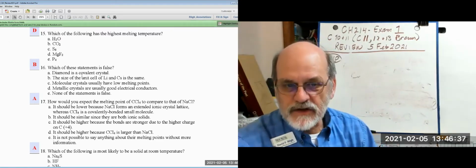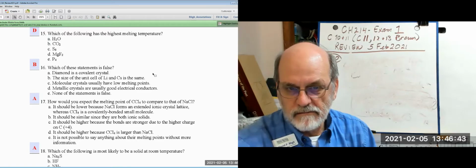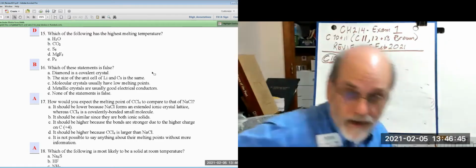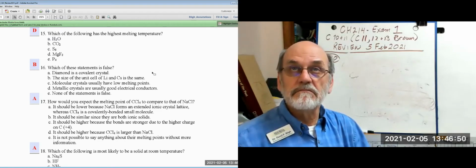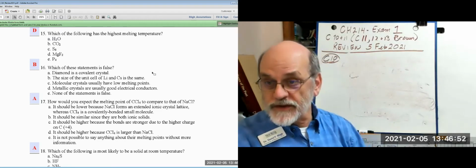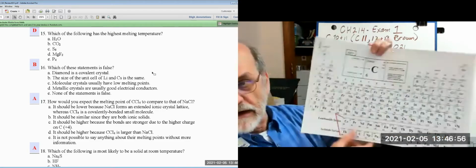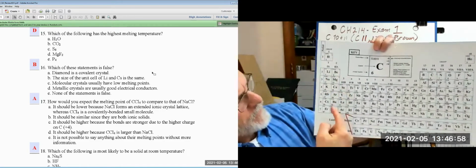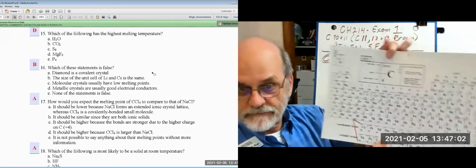B, the size of the unit cell of lithium and cesium is the same. Well, they're both in the same family, right? They're both alkali metals. Here's lithium and there's cesium. So their chemical behavior should be the same.